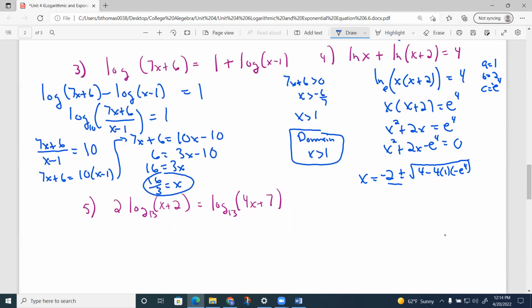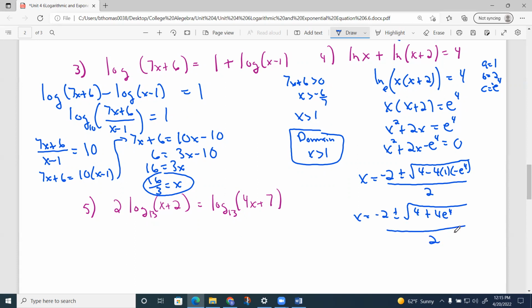And that's going to be all over 2 times a, which would be 2. So let's see what we can do. So we have x equals negative 2, plus or minus the square root of 4, and notice how we have a negative times a negative, that's going to be a positive. So it's going to be plus then this 4e to the 4th, like so, over 2.